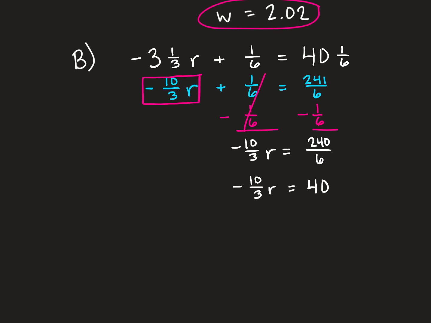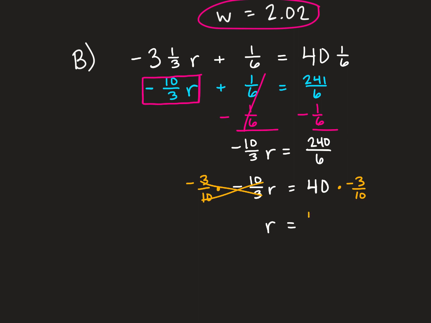Okay, and now we are ready to solve for r. So I could undo this negative 10/3 times r by multiplying by the reciprocal, negative 3/10. They'll cross cancel on the left, and we'll get r. On the right, I could rewrite this.